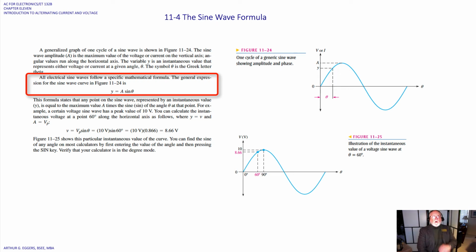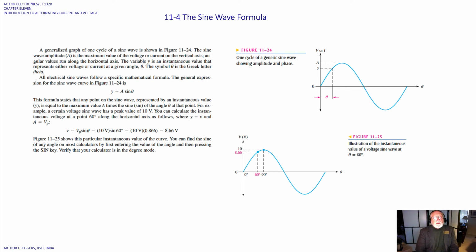So we have to know at least two of those values. We have to know the amplitude, we have to know the angle theta, and that will determine the value y. This will become important as we get deeper into vectors that we call phasors.